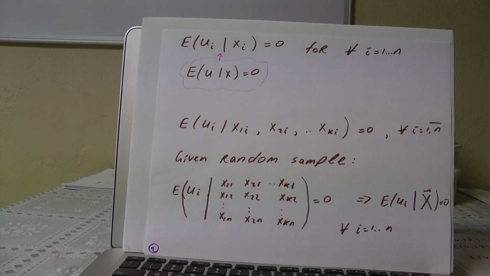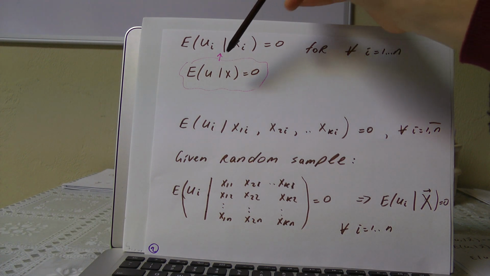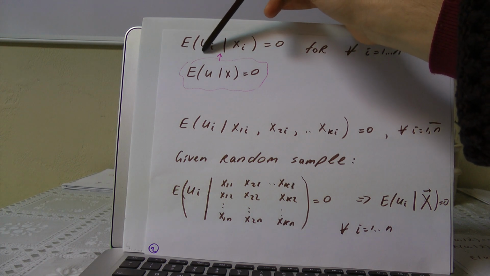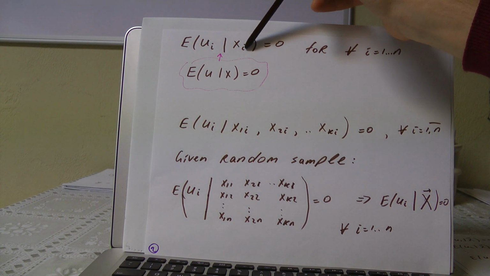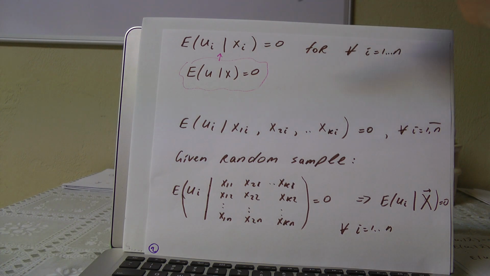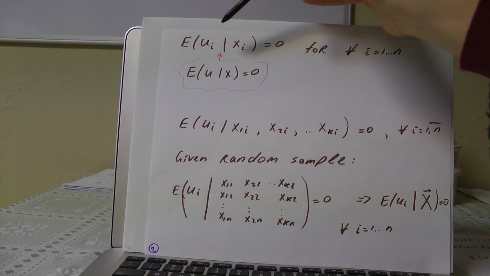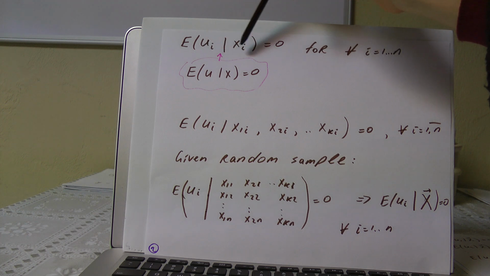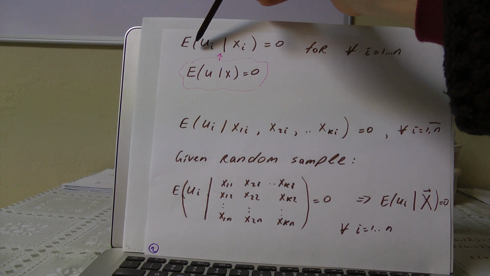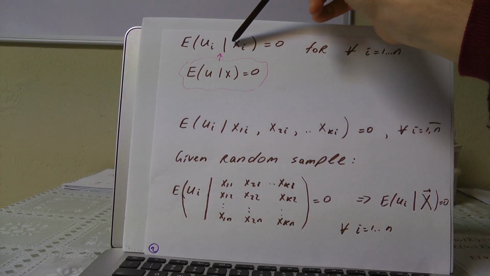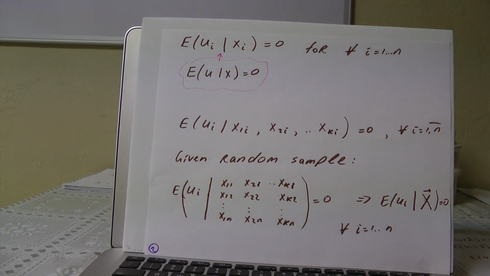That's how we phrased it, because we didn't speak of any vectors or matrices back then. What we implied was that the expectation of the error term for any observation i, conditional on the x for that i, is equal to 0. It was a scalar expression: the expectation of one random variable, conditional on one other random variable, is equal to 0.